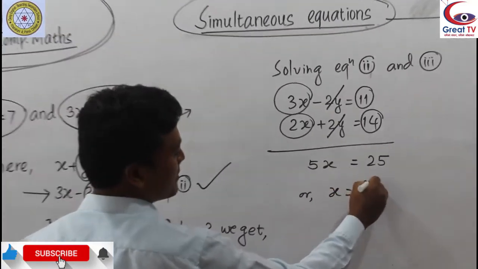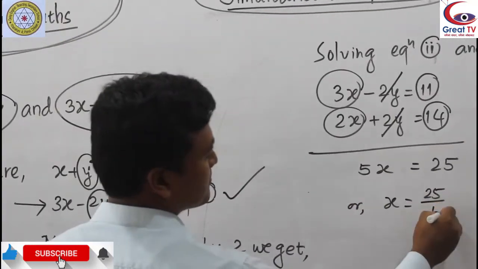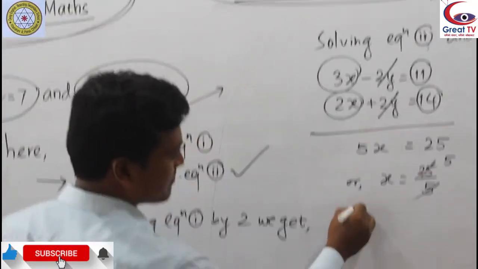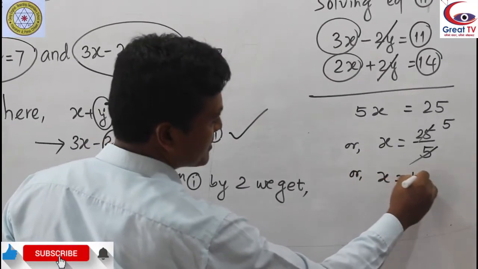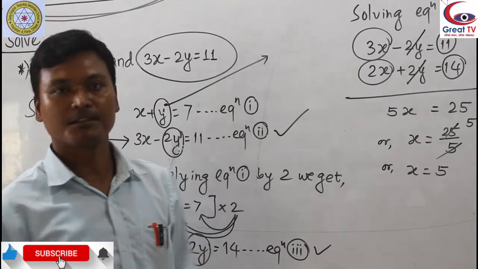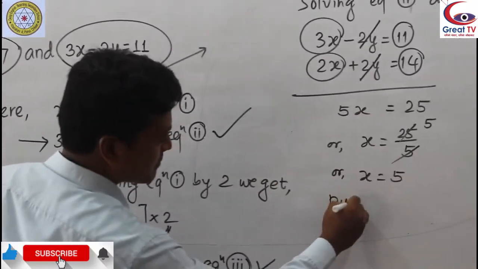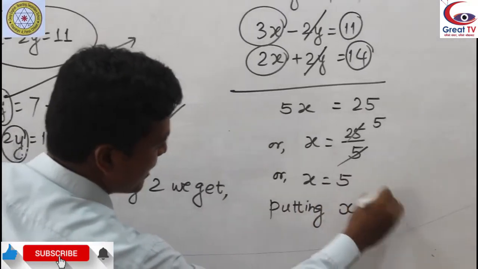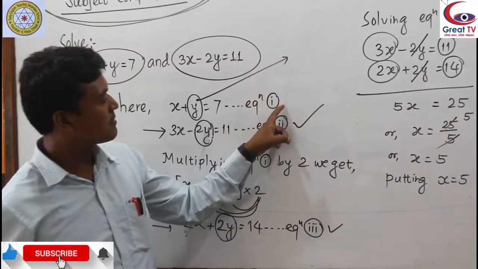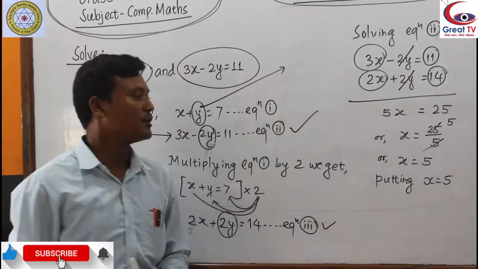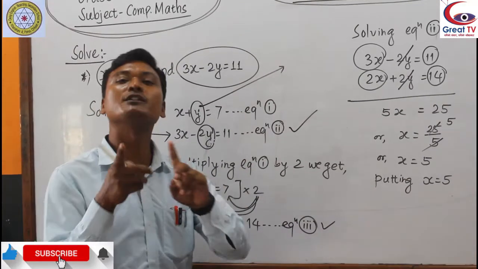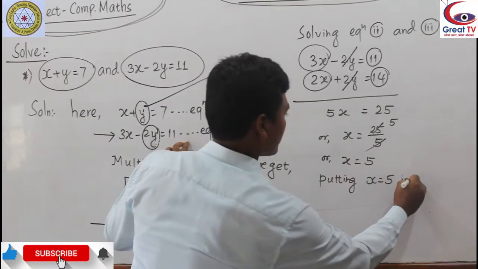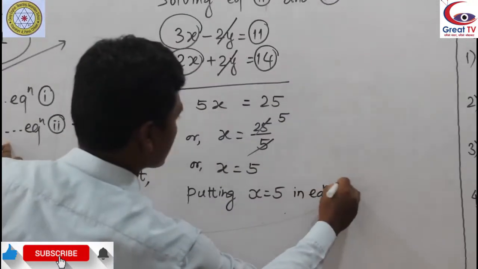Now let us solve it. x equals 25 by 5. 5 fives are 25, so x equals 5. After this, putting x equals 5, we have first, second, third: 3 equations, you can put it in any. I put it in equation first.